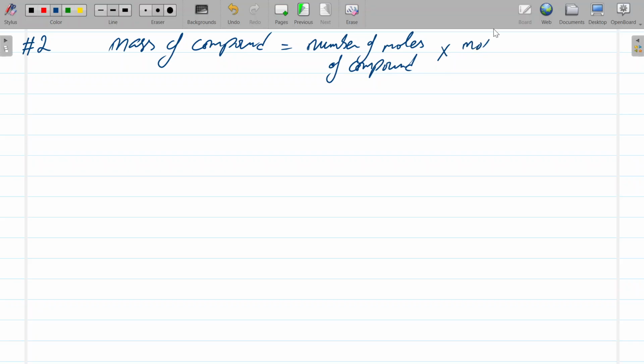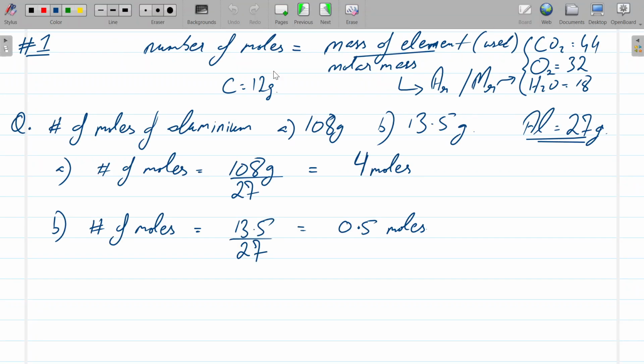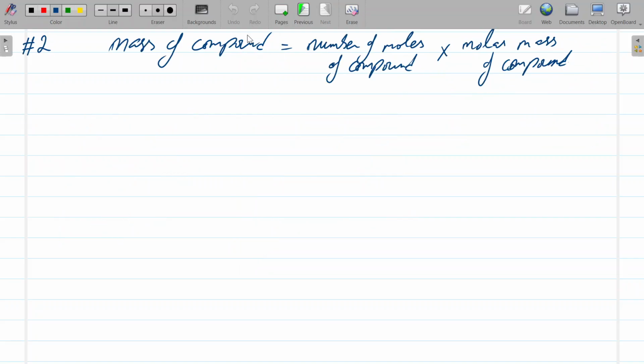In this case, we are talking about relative molecular mass. If you notice, it's pretty much the same as mass of an element being number of moles multiplied by molar mass, but now it's the compound.